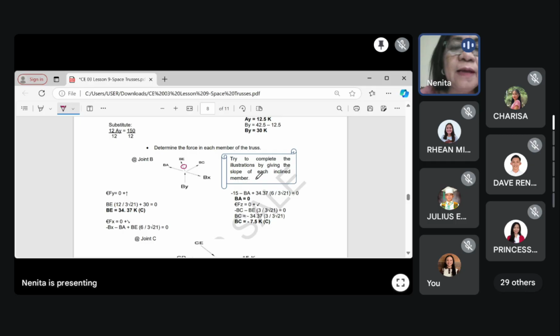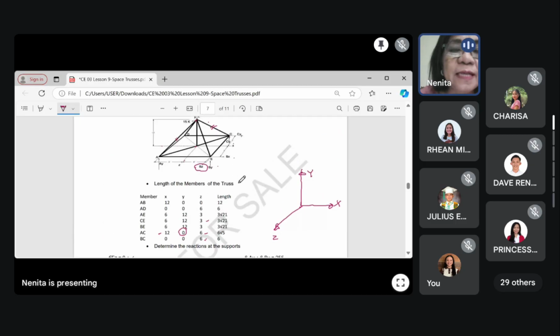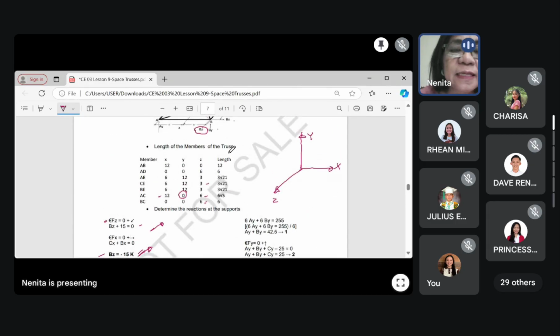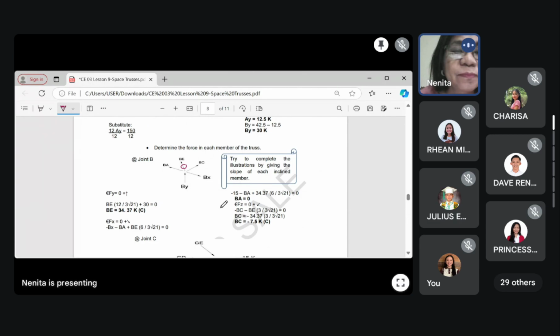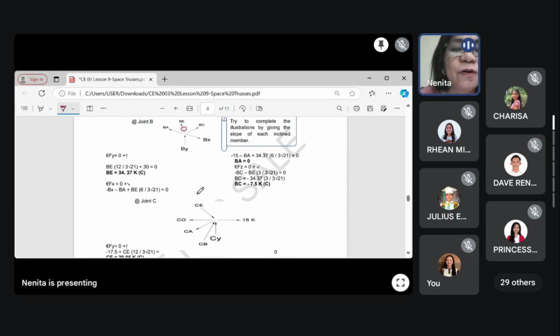Doon sa ating gikuha na component sa length. Ani class. Aning length na ni. Okay? So therefore, we have the analysis of knowing the forces na sa members of the truss. Okay, so take note of the notation ha.